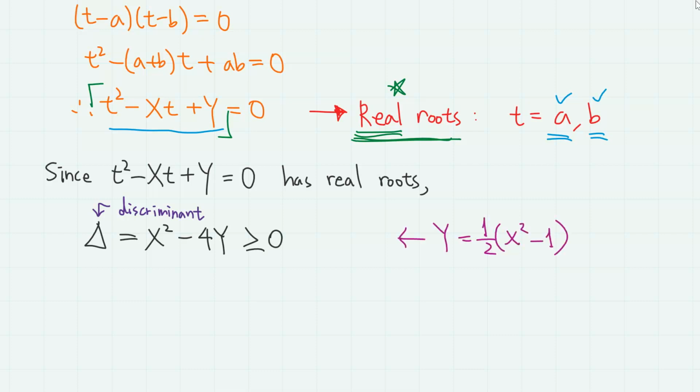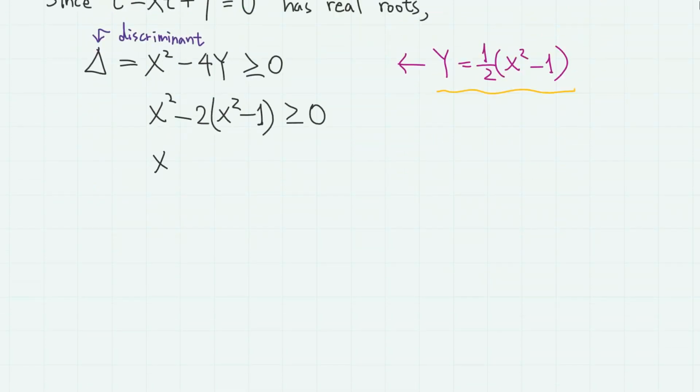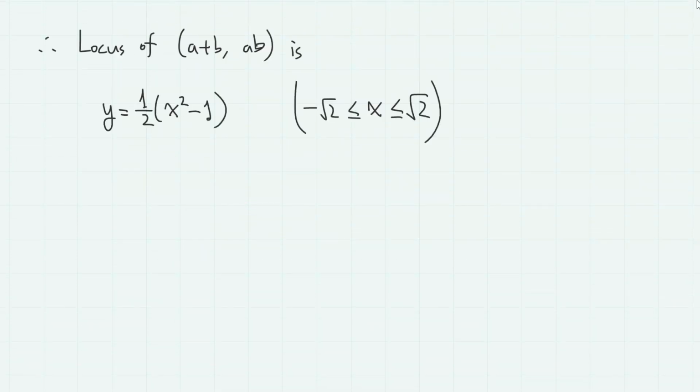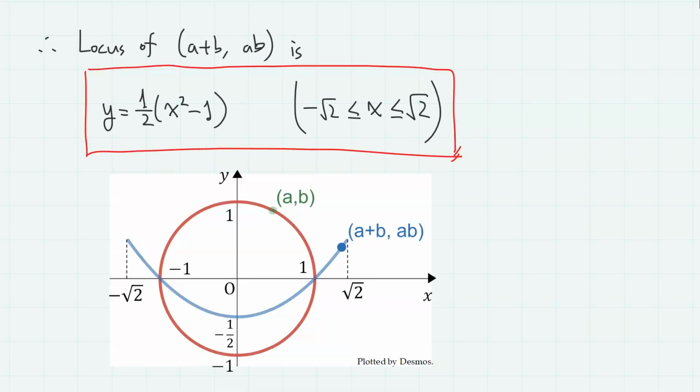We have already obtained that Y equals 1/2 (X squared minus 1), so using this, X squared minus 2(X squared minus 1) is greater than or equal to 0, which gives X squared is less than or equal to 2, so we have X is greater than or equal to minus square root of 2 and less than or equal to square root of 2. And this is the domain of the locus. Therefore, the locus of the point (a plus b, ab) is Y equals 1/2 (X squared minus 1), where X is greater than or equal to minus square root of 2 and less than or equal to square root of 2, which is this blue curve in the figure.